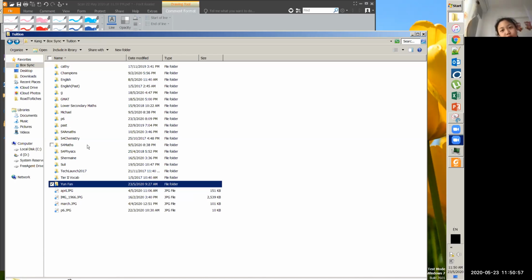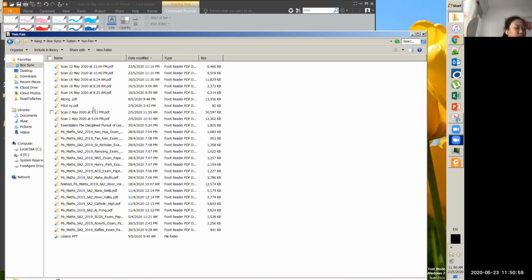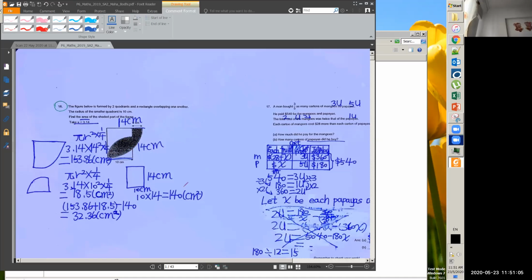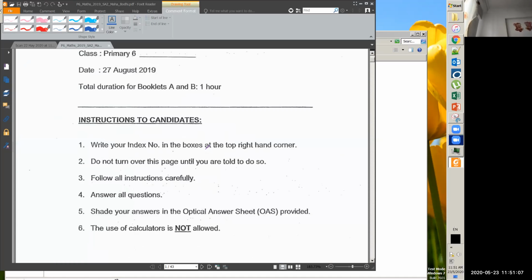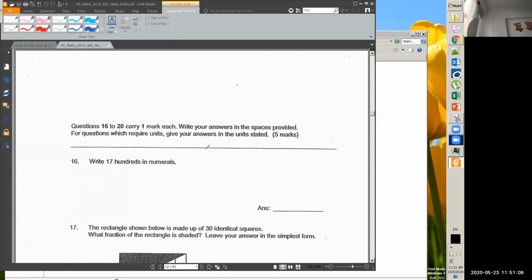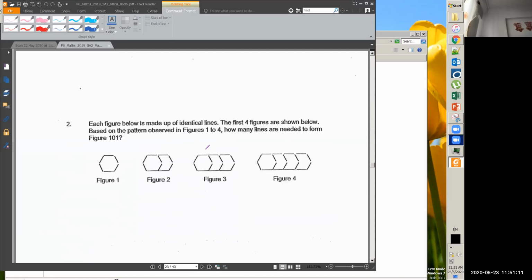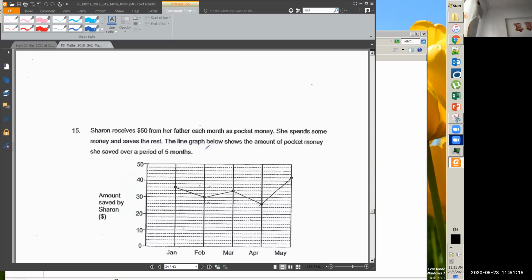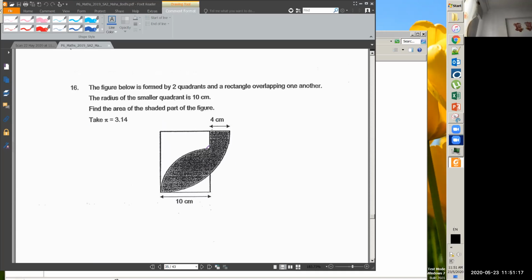So let me go to Maha Bodhi first. Okay. Question? What's the question? This is the one, right?